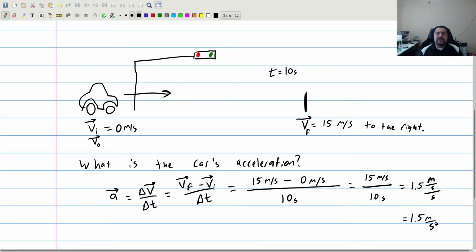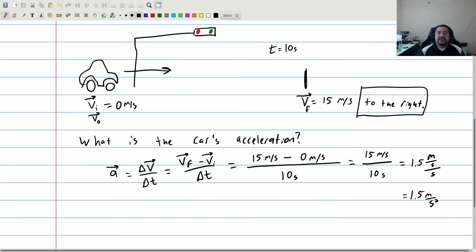Now we also need to be a little bit more careful with direction as well. Acceleration is a vector, which means that it has a direction. You'll see here that our final velocity was to the right. So in this case, our acceleration is also to the right.